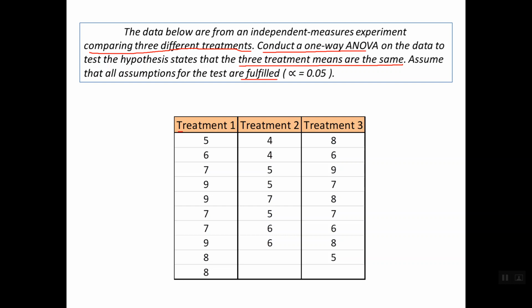So as we see here in this table, we have treatment number 1, treatment number 2 and treatment number 3. The size of the sample for treatment number 1 is not the same as the sample size for treatment number 2, and not the same for treatment number 3.